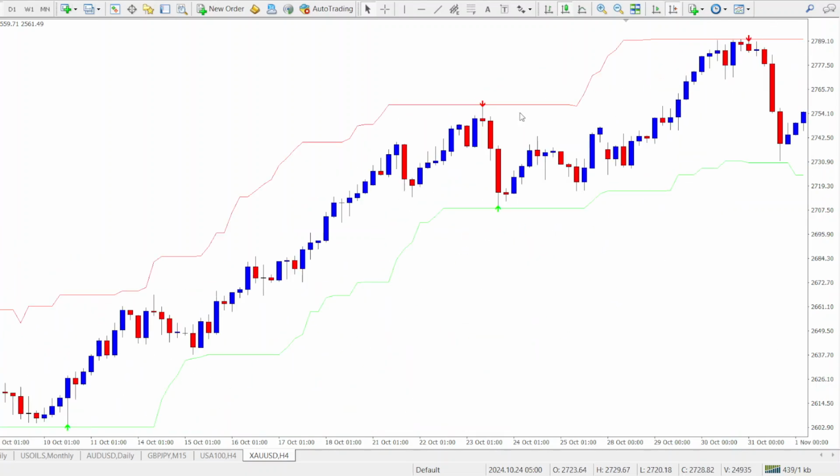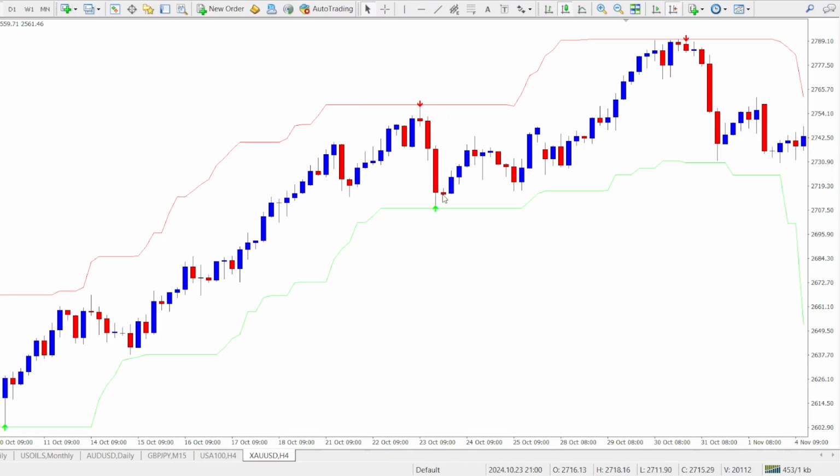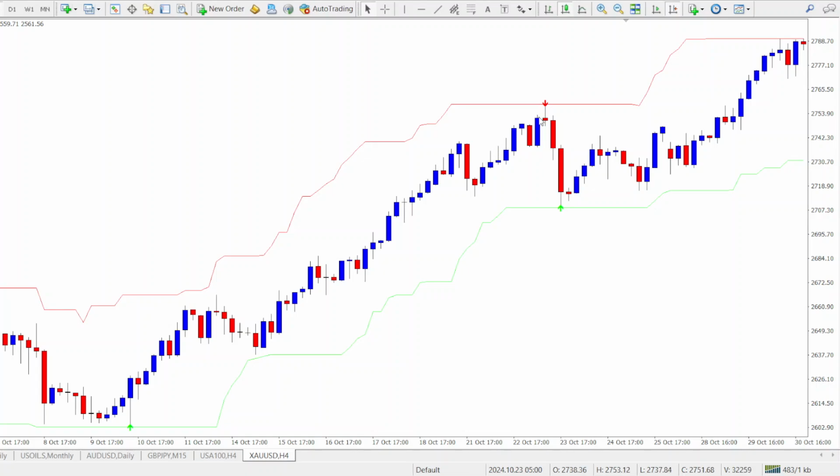So we can use this red arrow as a signal to exit our buy trade. And when we are in a sell trade, we can use the green arrow to exit our sell trade.